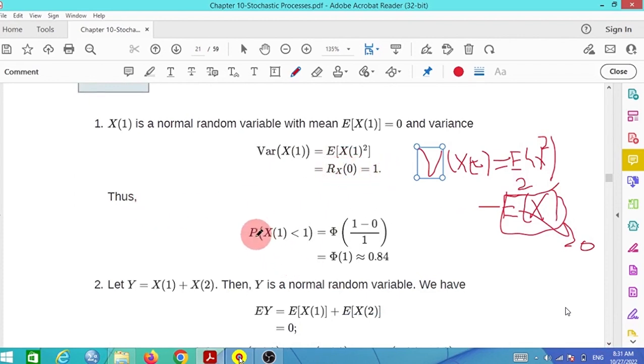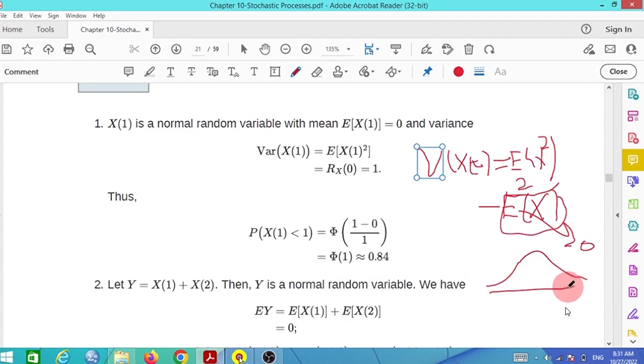Thus the probability of X1 less than 1 is the standard normal distribution function at 1 minus the mean, divided by the standard deviation, the square root of the variance. So take phi at 1 from the table of the normal distribution.